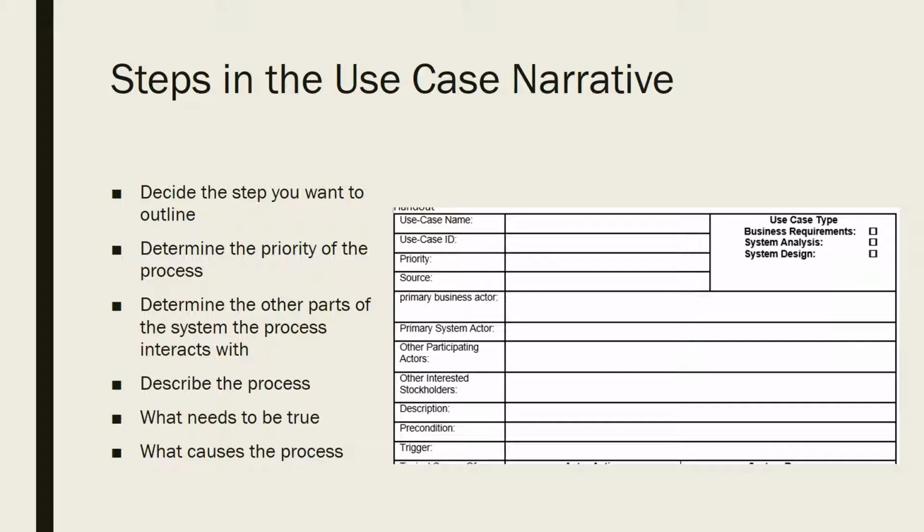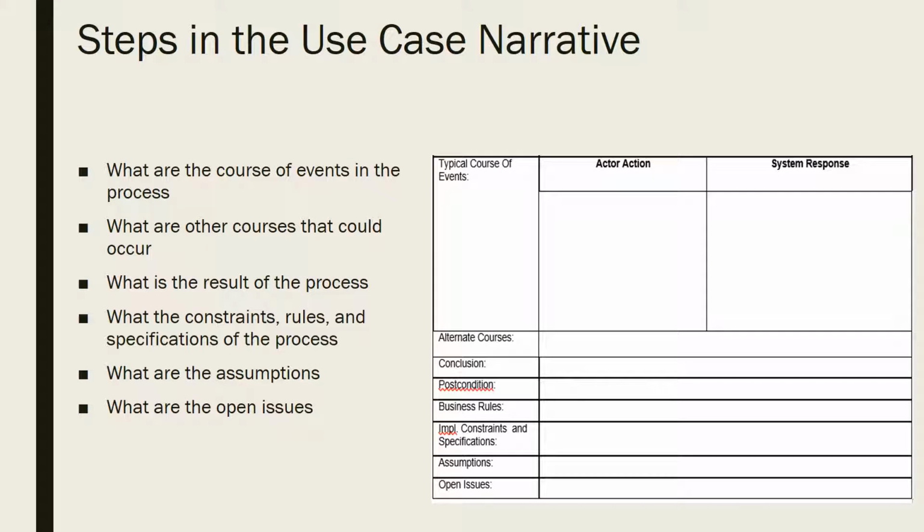You discuss what is true in order for this process to occur, and you also decide what causes the problem or process. From there, you go and discuss the course of events in the process. So it goes back and forth between the actor and the system and seeing how they interact with each other.